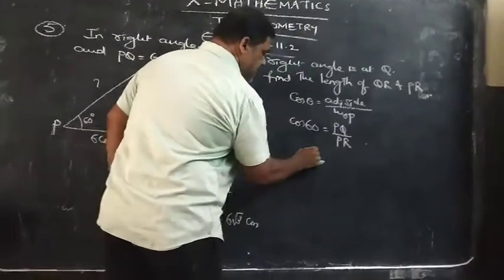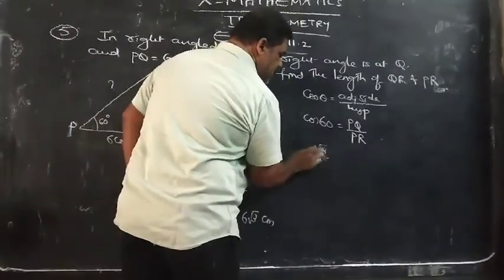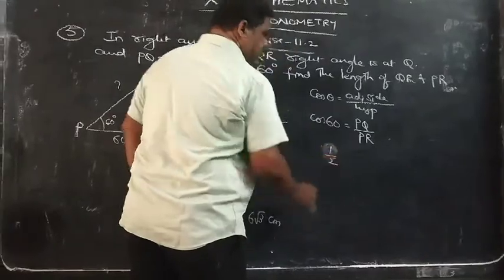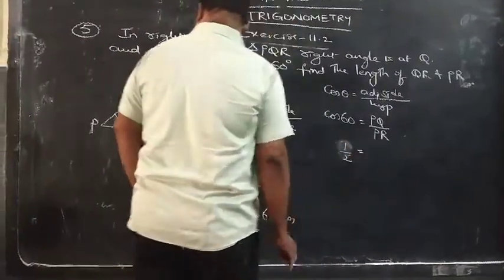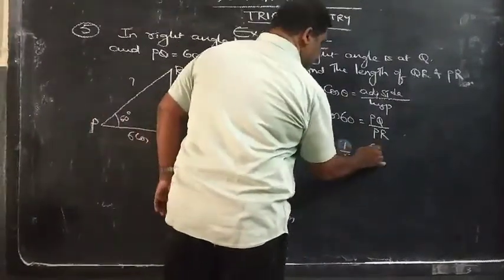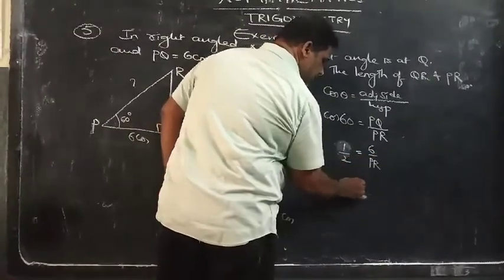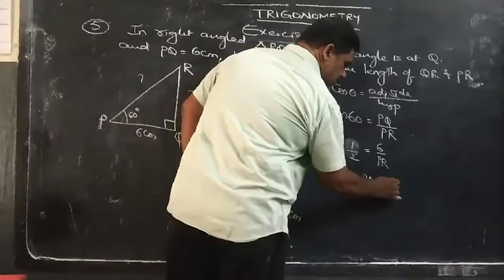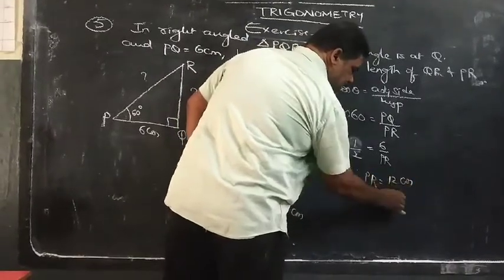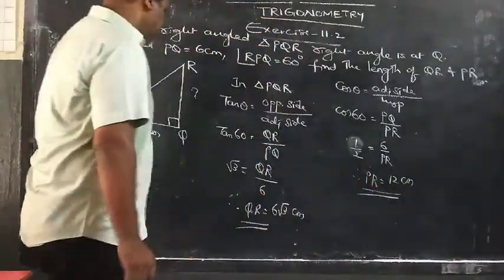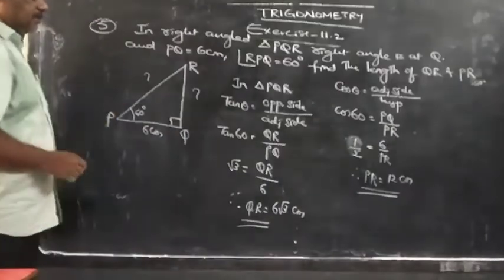Cos 60 degrees is 1 by 2. PQ is 6 centimeters. PR we have to find. Cross multiply. PR is equal to 12 centimeters. So like this we can find out the two sides QR and PR.